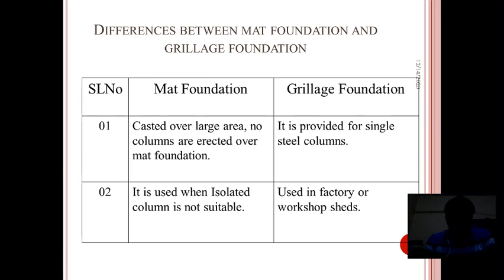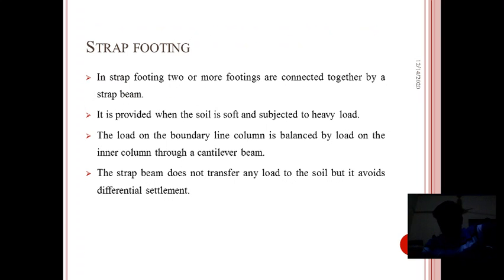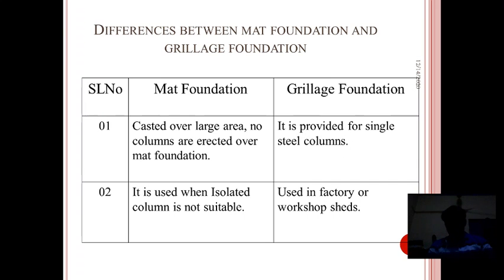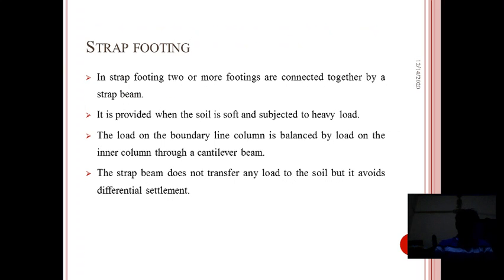No columns are erected over mat foundation. In grillage foundation it is provided for single steel columns. A second difference is it is used when an isolated column is not suitable. Grillage foundation is used in factory or workshop sheds. So by seeing those differences, you can easily memorize what is mat foundation and grillage foundation.